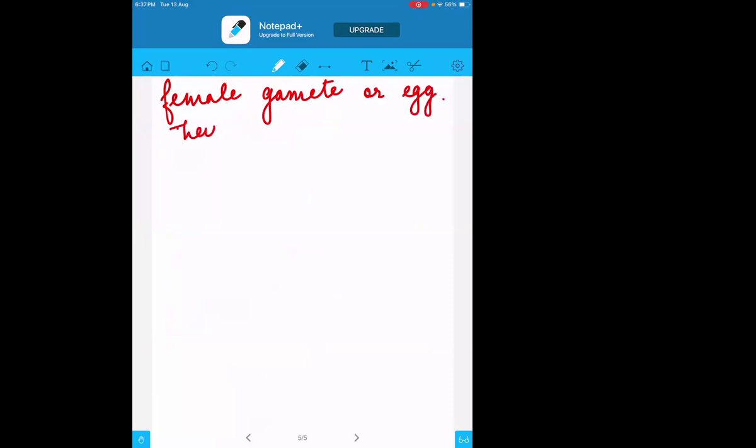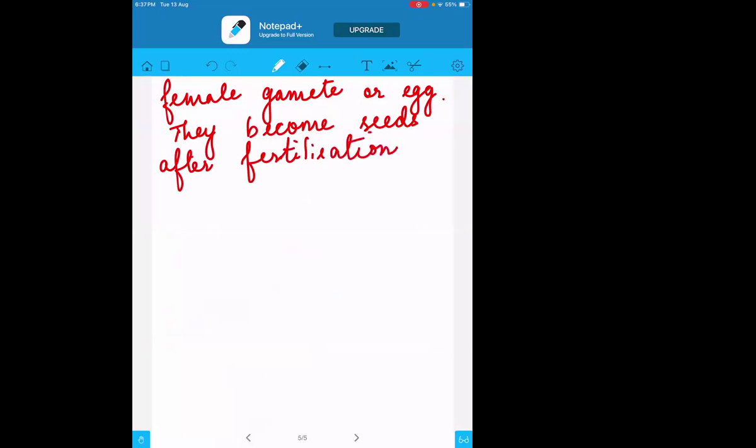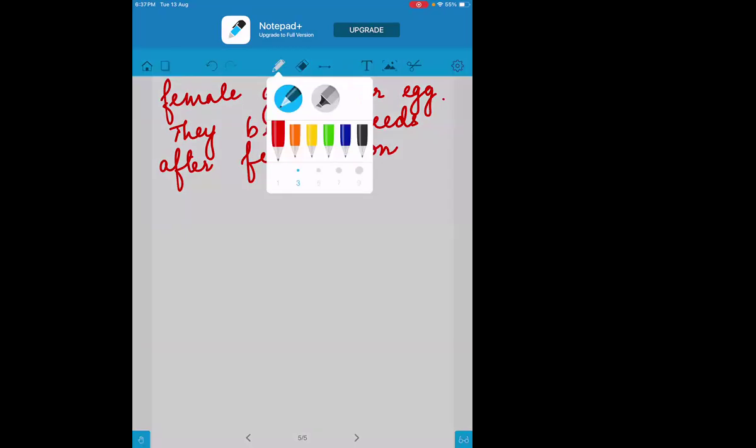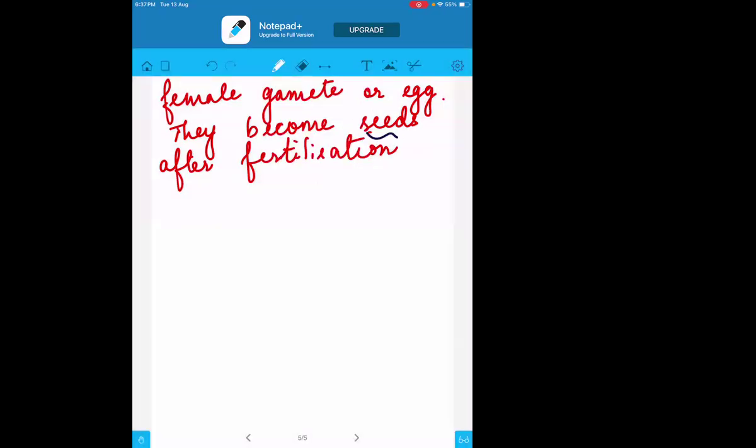And they become seed after the fertilization. Very, very important this line. So after fertilization, in which part the ovules get converted? So they become seeds after fertilization.